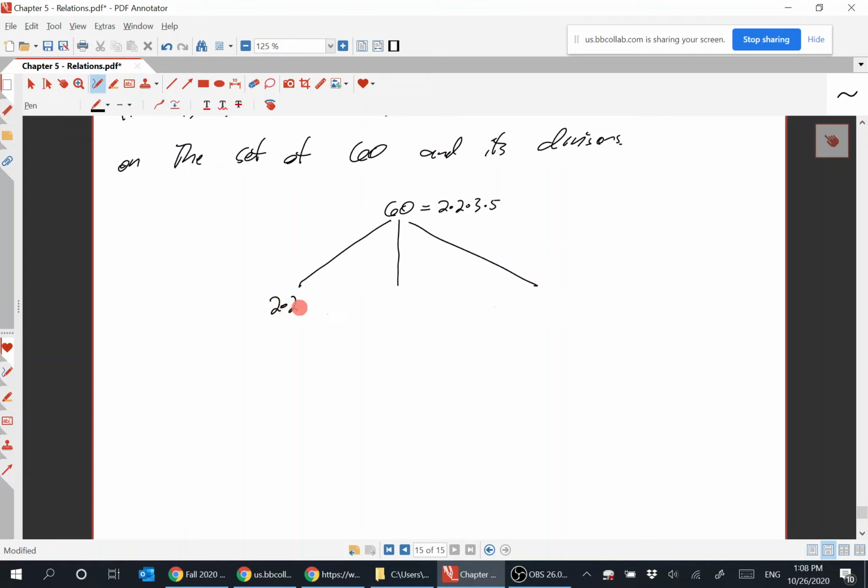So 2 times 2 times 3, which is 12. 2 times 2 times 5, which is 20. And 2 times 3 times 5, which is 30.